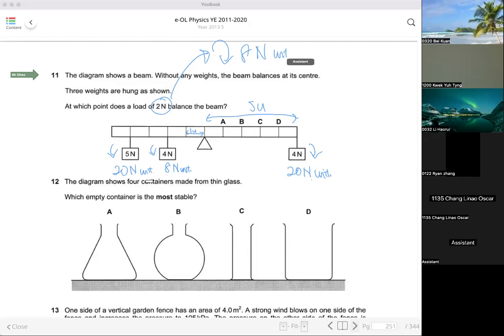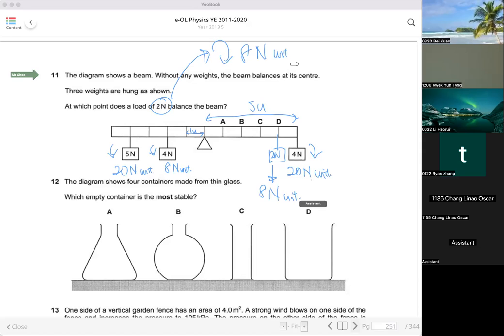Because on the anti-clockwise side, the total moment is 28, so for the whole thing to balance, it should also be 28. So 20 plus 8 is 28. But because the force is 2 Newton, how far away from the pivot will it give you 8 Newton unit? It should be 4 units away. So this will give you 8 Newton units.